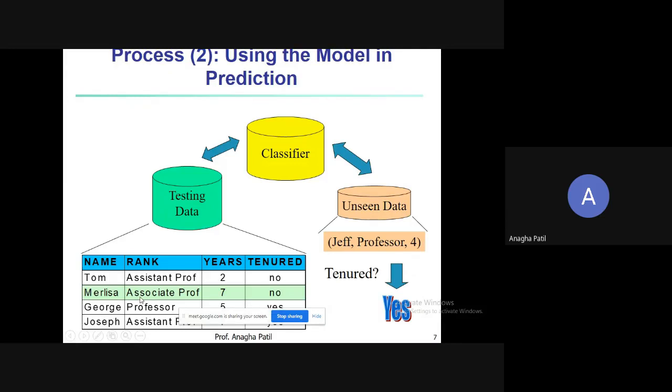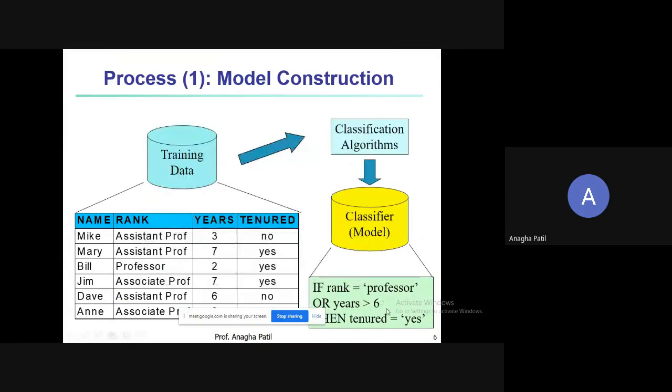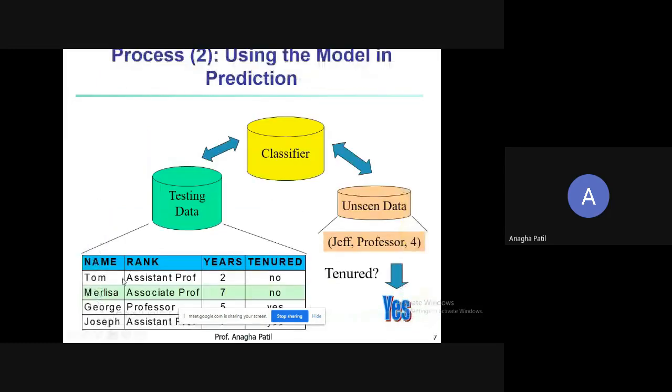Right? If associate professor rank is provided and years is 7, what is going to happen? We have seen that if years is greater than 6, it should be yes. But here in the test set it is given as no. So what is going to happen is, for our classifier, when you provide this particular sample, the class label predicted would be yes, because the years are greater than 6.